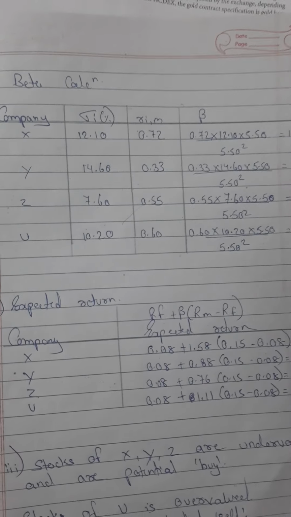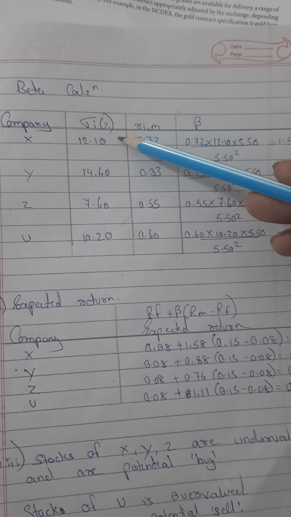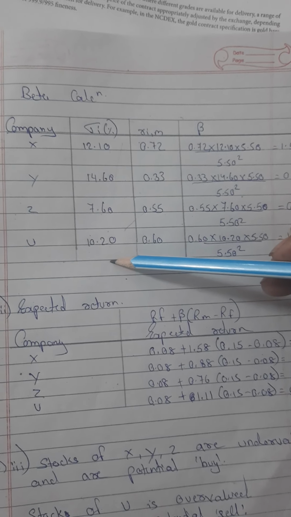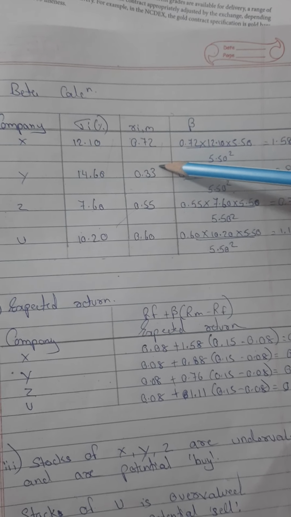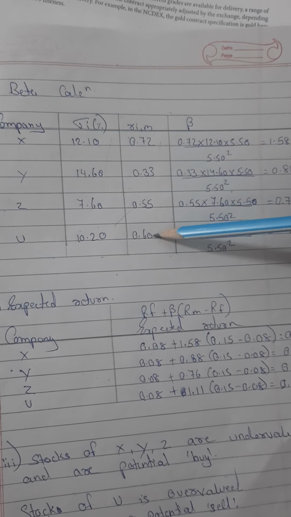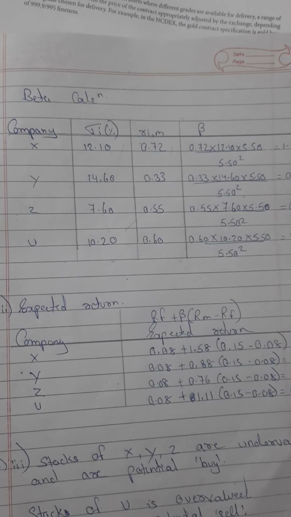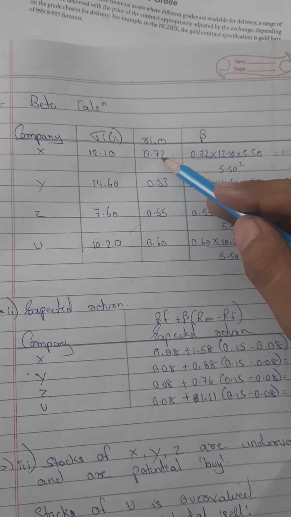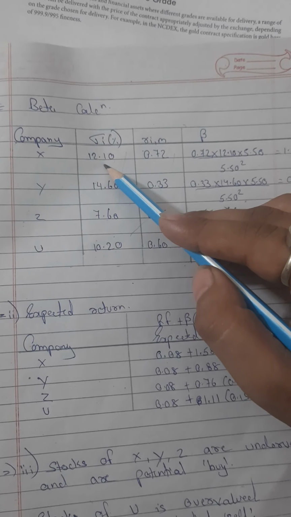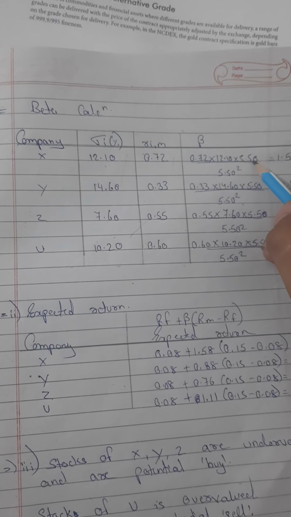Now to find out the beta, we have 4 securities. We have got the securities' standard deviations. We have got the correlation factor, and hence we have to find beta. Correlation factor 0.72 into security's standard deviation into market's standard deviation.